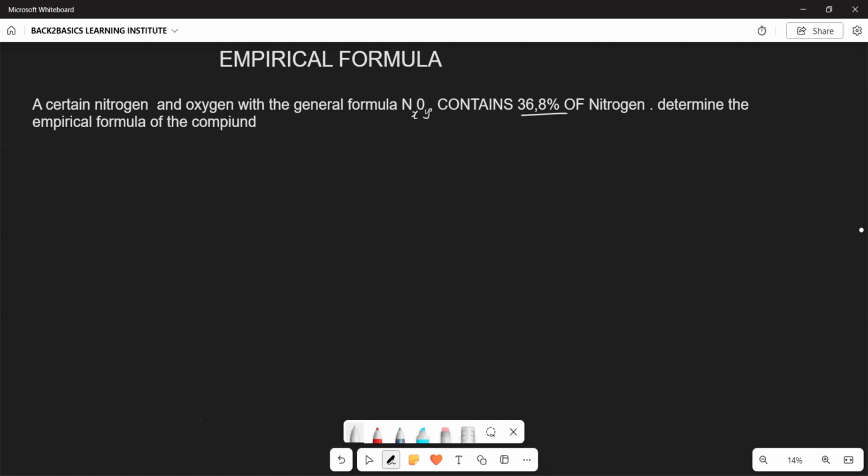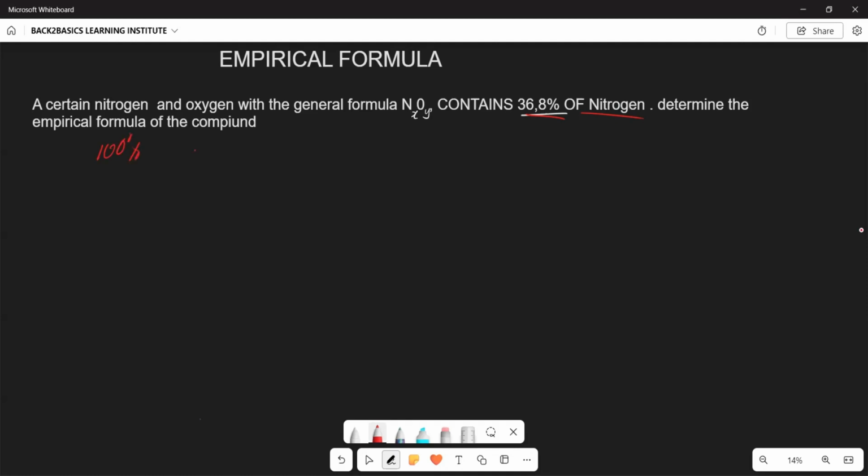Now this one is very important. Firstly, realize that the only percentage you are given is the percentage of your nitrogen. And you know that both of these, the nitrogen and the oxygen, must add up to 100% at the end, right? So that's where you're going to start.